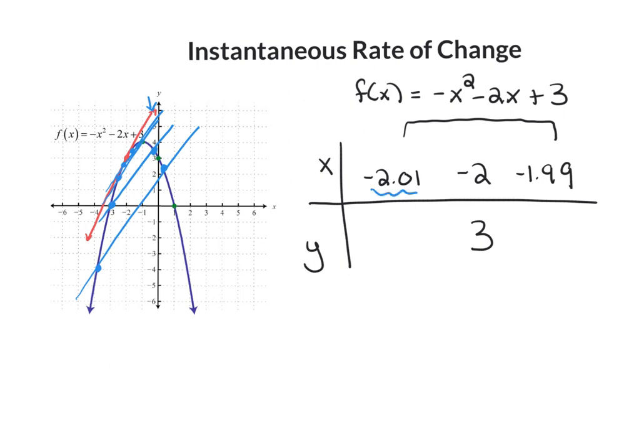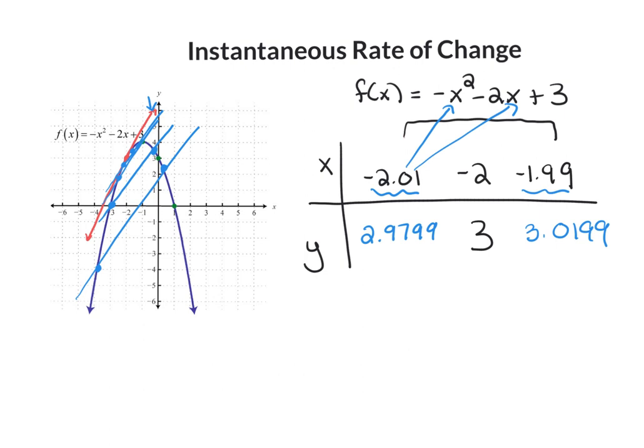We can plug these into the formula and get our y values. In class, I'll show you all kinds of calculator tricks this year that can help you with these numbers when they get kind of annoying. But I'm just going to do this for you. When I plug in -2.01, the y value is 2.9799. And when you plug in -1.99, you're going to get 3.0199.